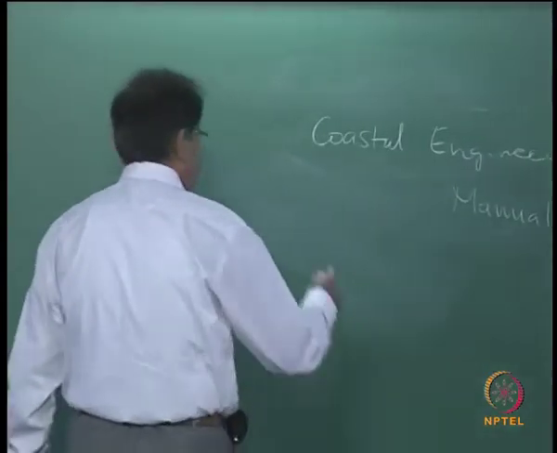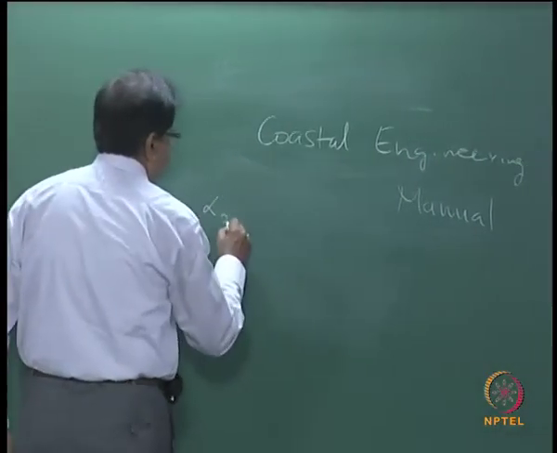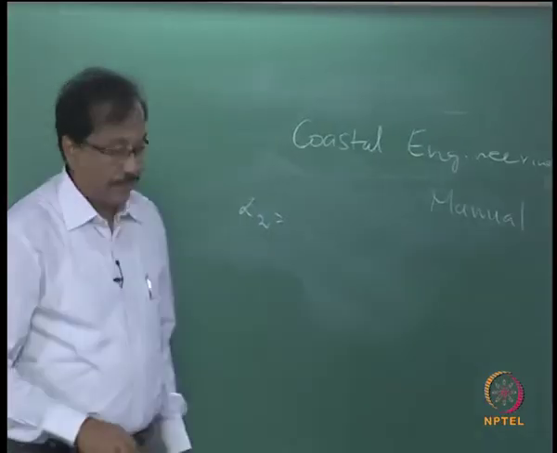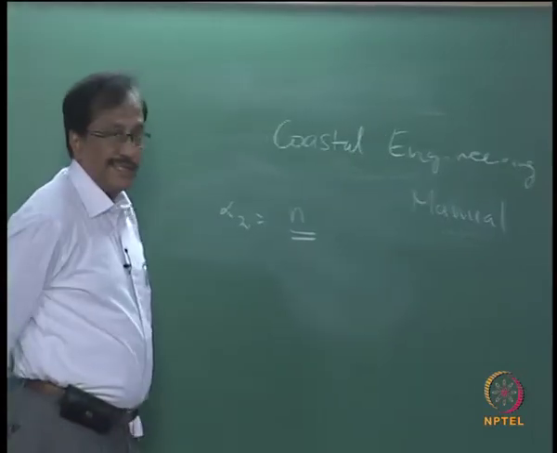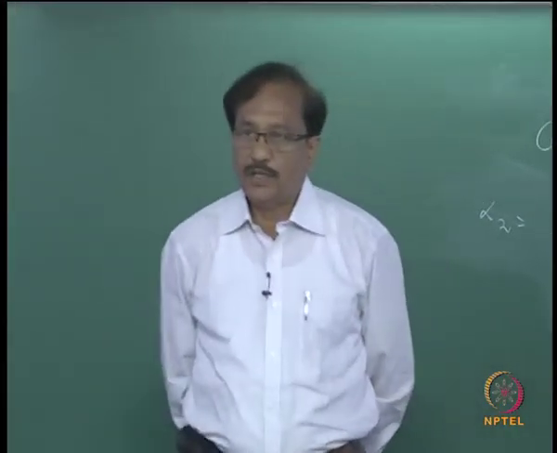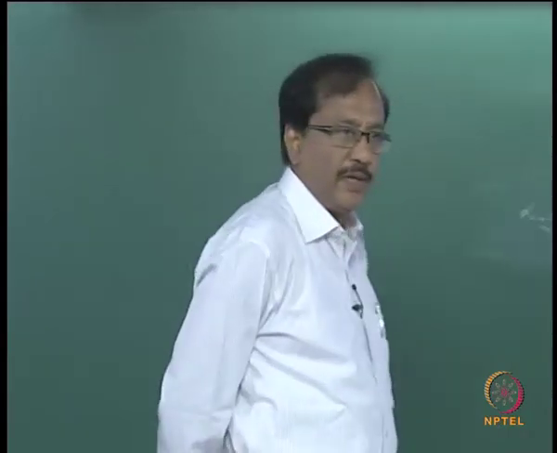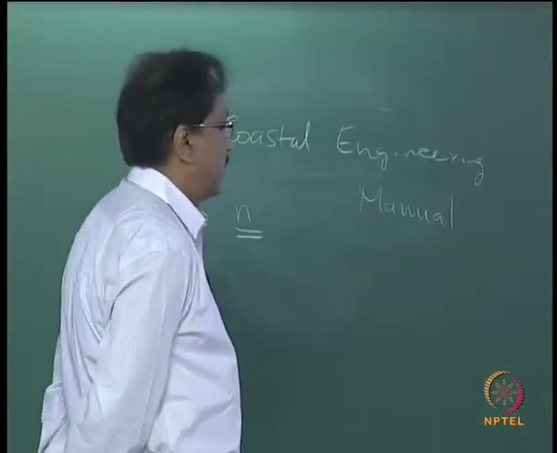So, let us first consider what is alpha 2. As I said, it is based on the number of layers. Alpha 2 is going to be dependent on the number of layers you adopt for constructing your breakwater.